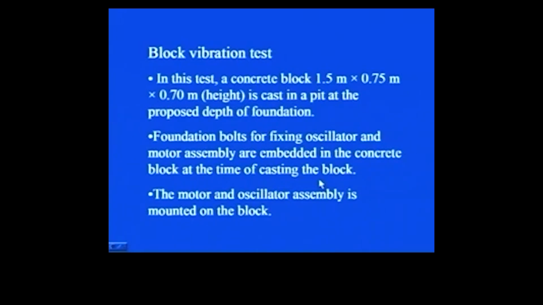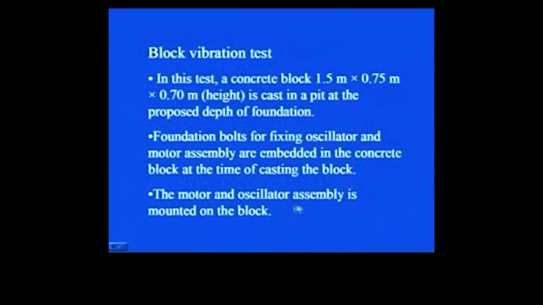You know that the oscillator and the motor will be performing there because it is a machine foundation. So you have to fix the bolts while you are constructing the block, so that subsequently you can fix the oscillator and motor to this concrete block.